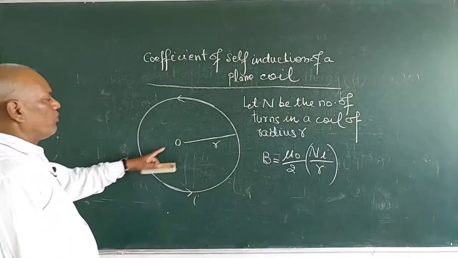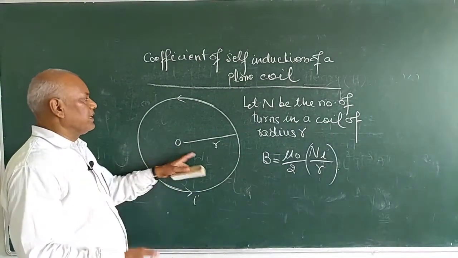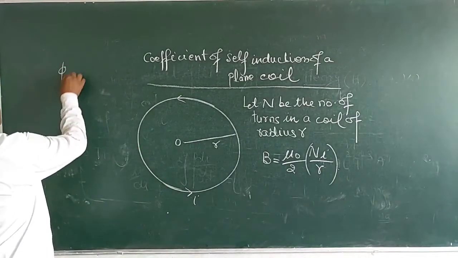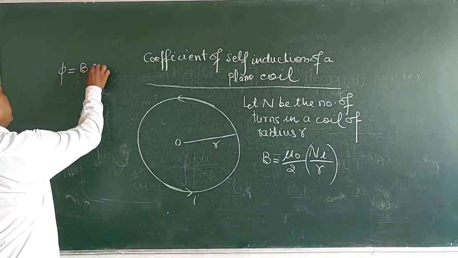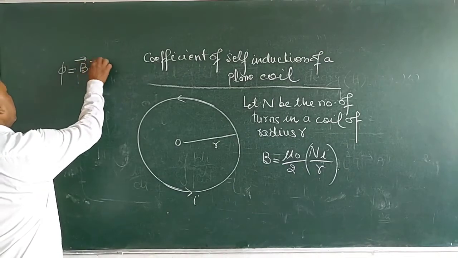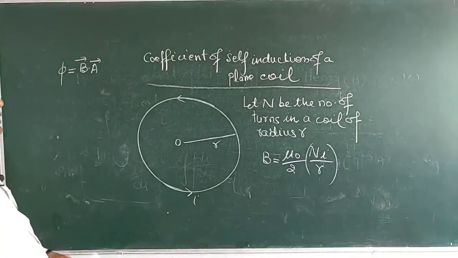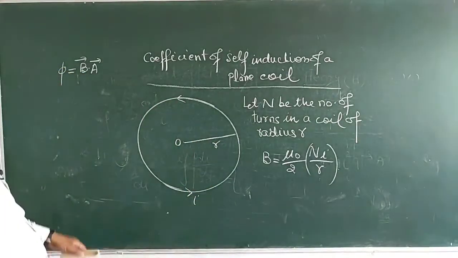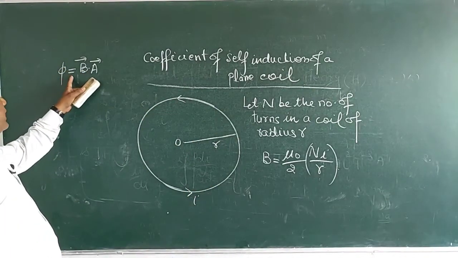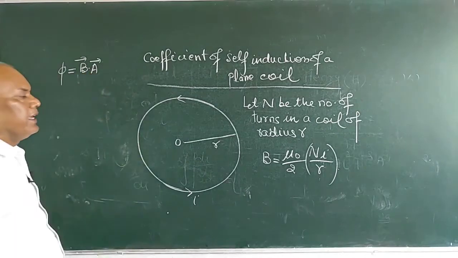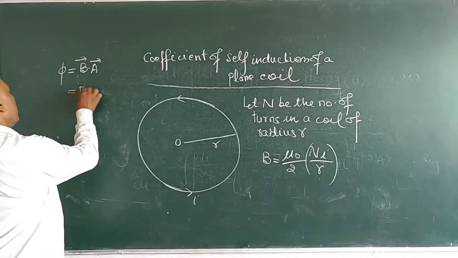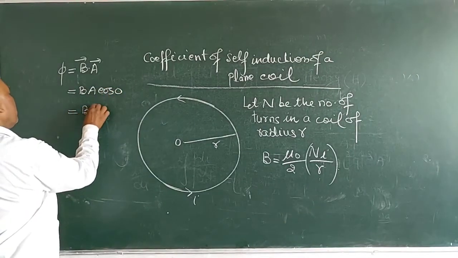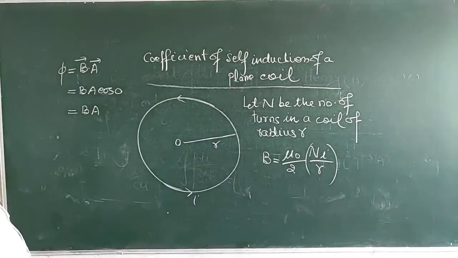Now, what will be the magnetic flux attached to this coil? That will be phi is equal to B into A, the vector B dot vector A. Magnetic flux attached to this coil will be calculated by applying this formula, phi is equal to vector B dot vector A, and this will be equal to BA cos 0. So it will be written as BA.